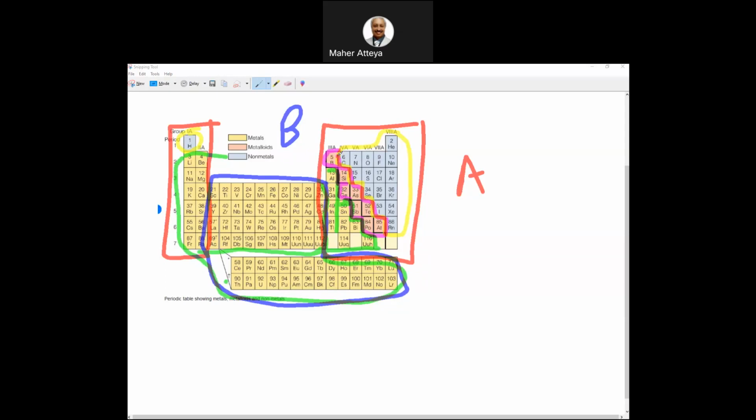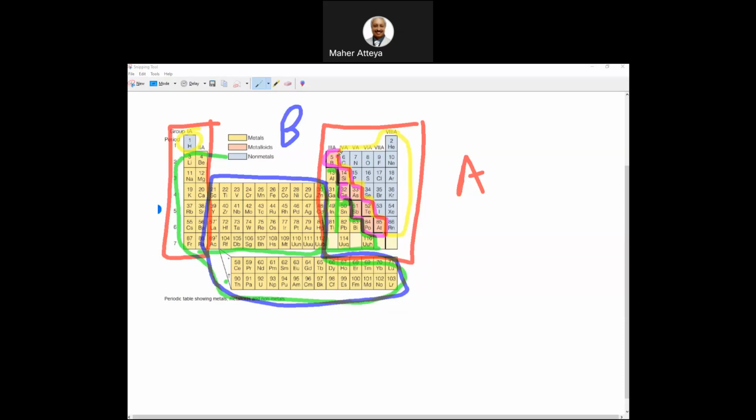Those are called metalloids. Now, the question is, what's the difference between the metal, the non-metal, and metalloids? Well, it turns out metalloids are elements that can show the characteristics of a metal in some conditions, and show characteristics of a non-metal in other conditions.